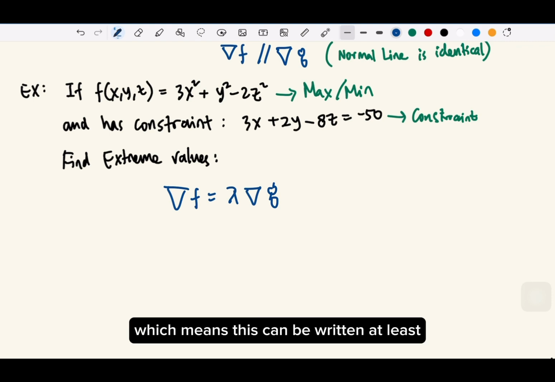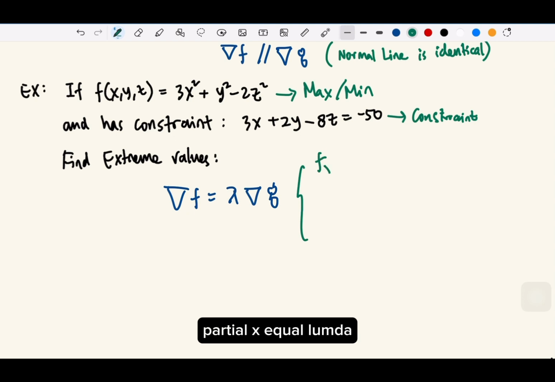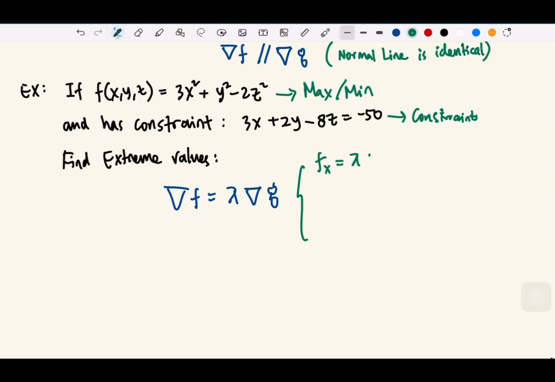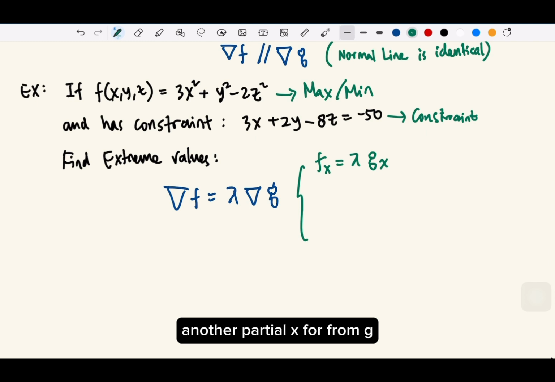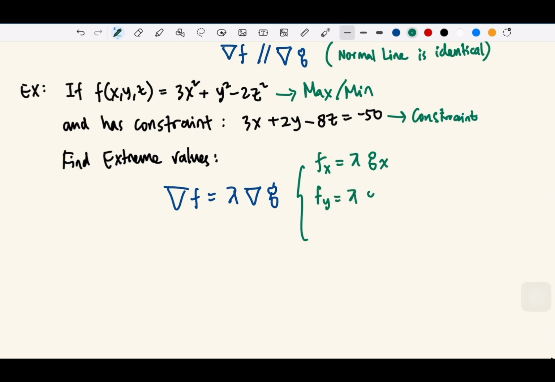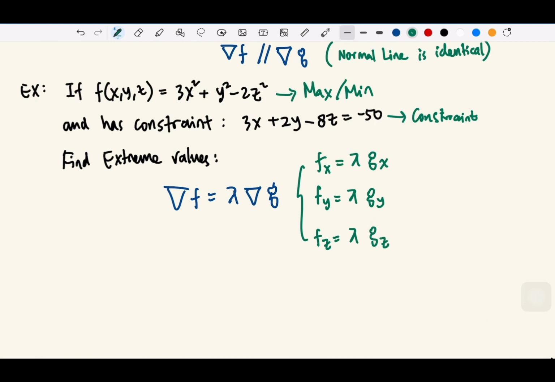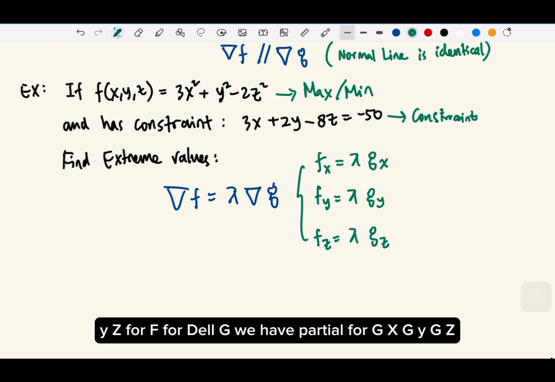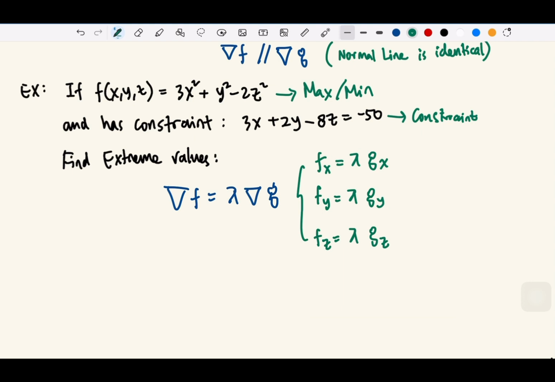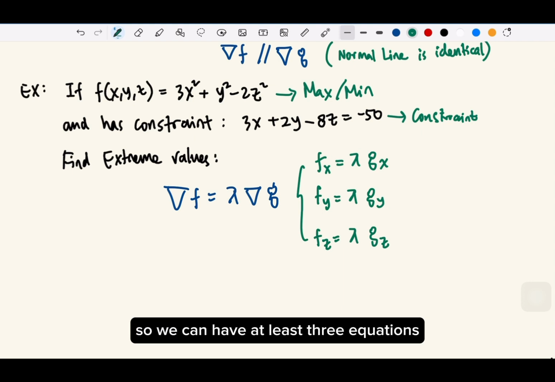Which means this can be written as partial x of f equals lambda times partial x of g, and then partial y, and then partial z. We can break down all three components. From del f, we have partial x, y, z for f. For del g, we have g_x, g_y, g_z. Right? So we can have at least three equations.